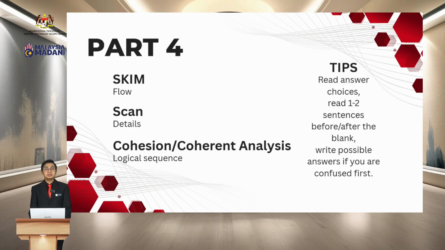This can ensure that the sentences that we choose correctly fill the blank. And if, let's say, we have 2 answer choices that we think might fit in the blank, just write both of them first, and by the end of answering this part, I believe we will be able to identify which one is the best answer.